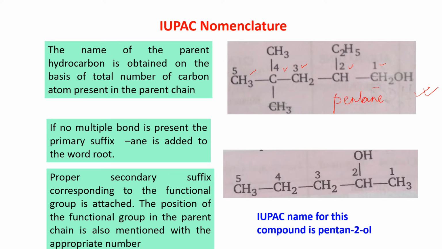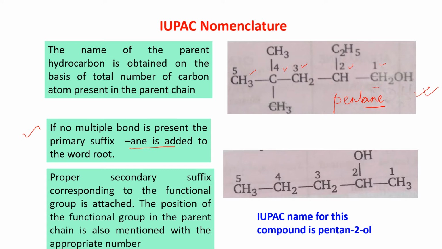Why pentane? Why ane? Because no double bond is there, no triple bond is there. It is only a single bond compound, saturated compound. So pentane. It is written here also, no multiple bond is present. The primary suffix ane is added to the word root. So the name of this compound is pentane.